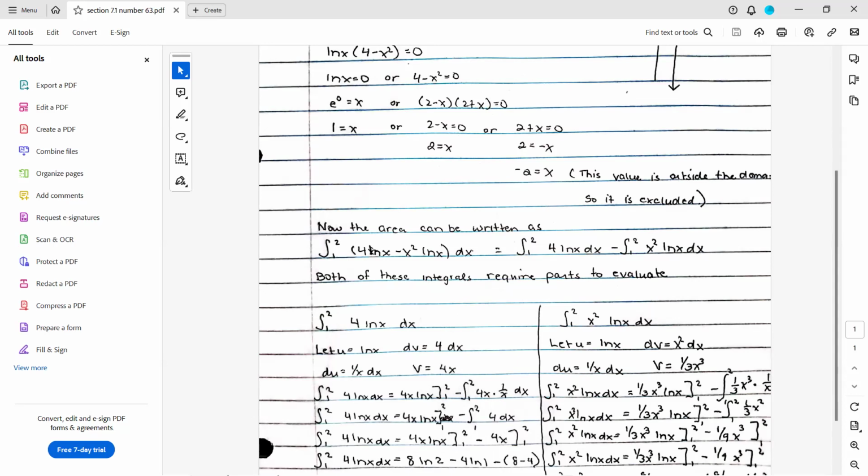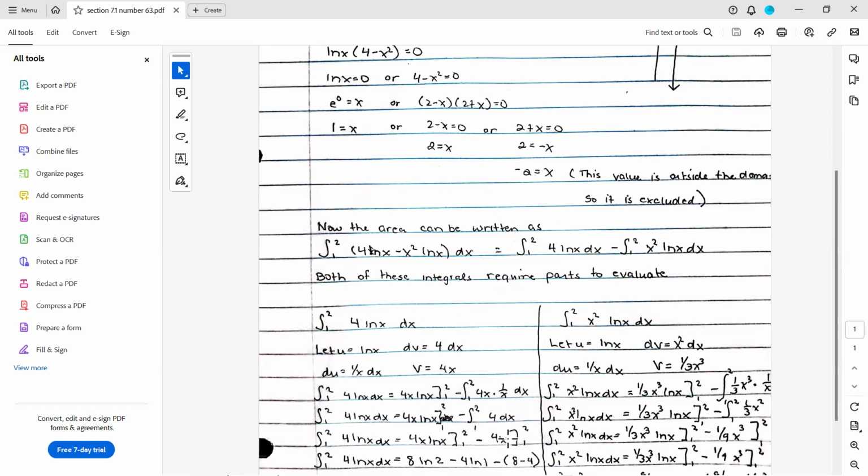So you have 8 ln 2 minus 4 ln 1, minus 4 times 2 is 8 minus 4. Remember that it's minus the entire expression.